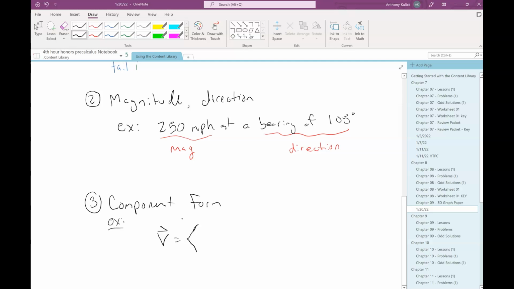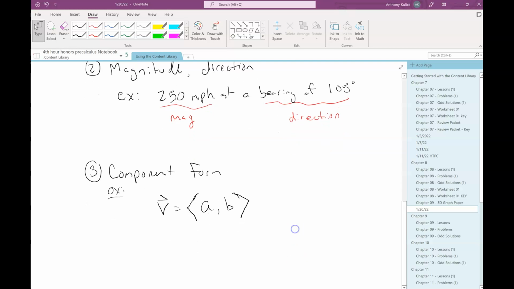That symbol indicates that the quantity you're talking about is a vector quantity as opposed to a variable, which would be a real number. And we're going to use these wedged brackets to represent a vector in component form as opposed to a curved bracket, which would represent a point. So that's what a component form vector would look like.